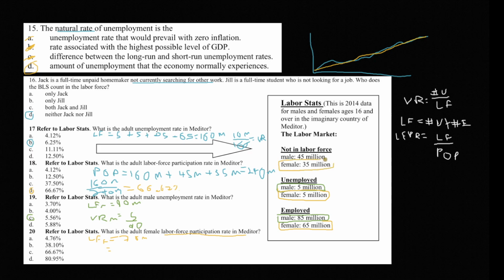So we also need to calculate the population here. The population is 70 plus 35 million, so that is 105 million. So the labor force is 70 over 105. That is 70 divided by 105, which is 2/3. So I will circle 2/3.